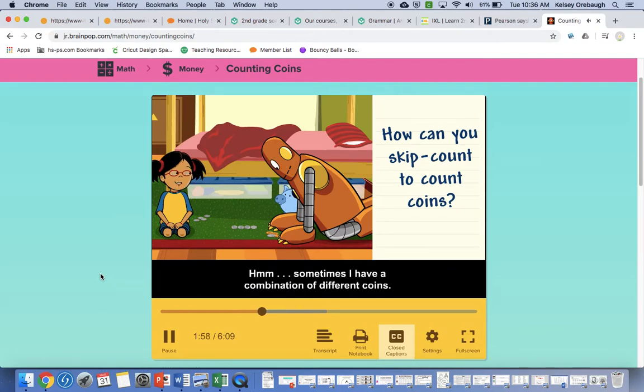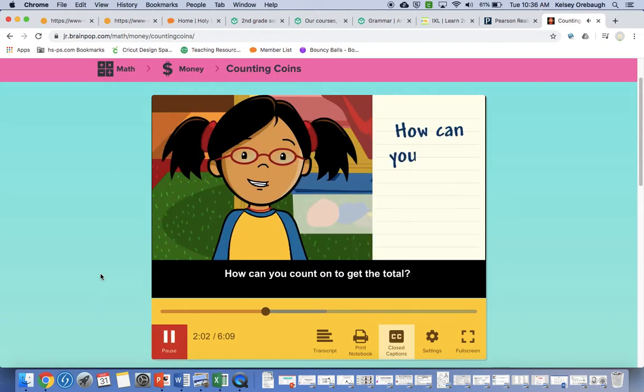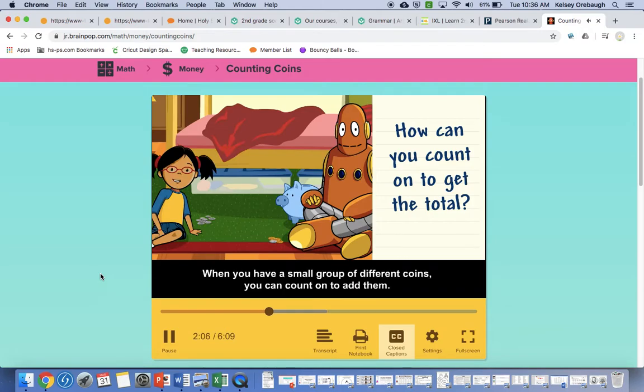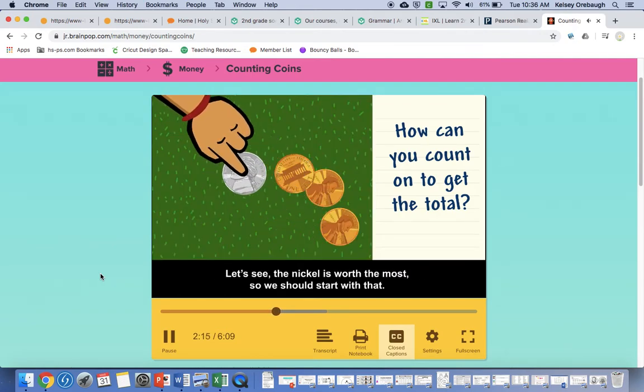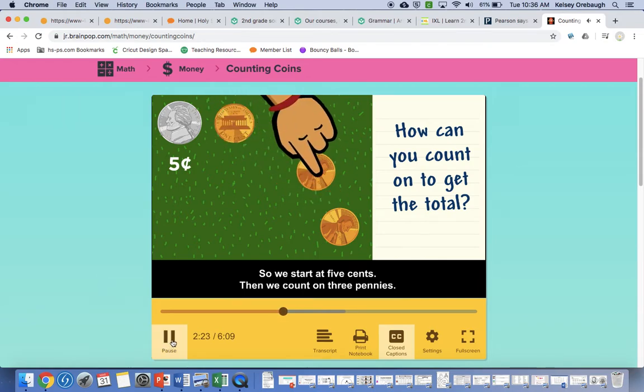Sometimes I have a combination of different coins. How can you count on to get the total? When you have a small group of different coins, you can count on to add them. Let's see. The nickel is worth the most, so we should start with that. So we start at 5 cents. Then we count on 3 pennies.